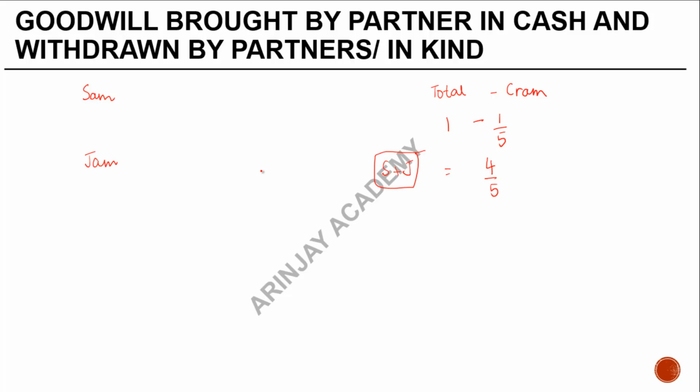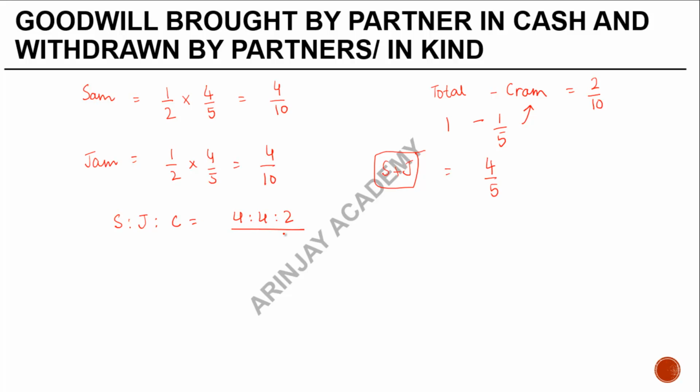They decided to share this equally amongst themselves, which means that Sam will get 1/2 of 4/5 and Jam will get another half of 4/5. Or in other words, they get 4 by 10 and 4 by 10 share. Cram in any case has 1 by 5 or 2 by 10 if you just multiply the numerator and denominator by 2. In other words, the ratio between S, J and C is going to be 4:4:2.